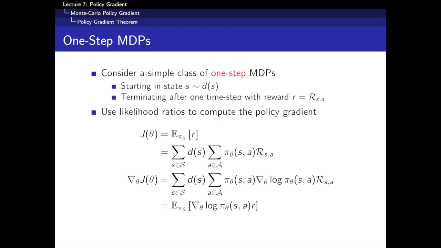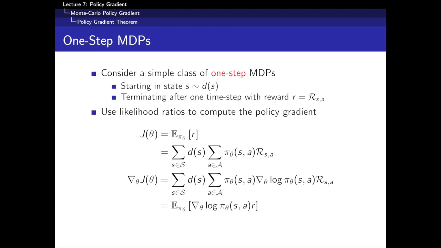So this is the expectation under the start state, and an expectation under the action that we pick, of the gradient of the log policy multiplied by the reward. It's just the expectation of the score times the reward. After all that, we've come back to something very simple: if we want to increase our objective function and get more reward, we just need to move in the direction determined by the score times the reward.